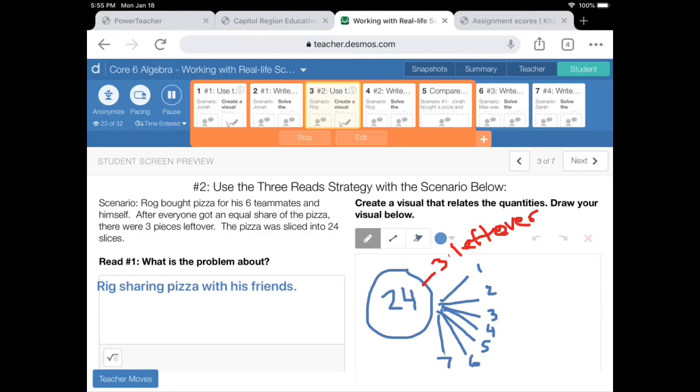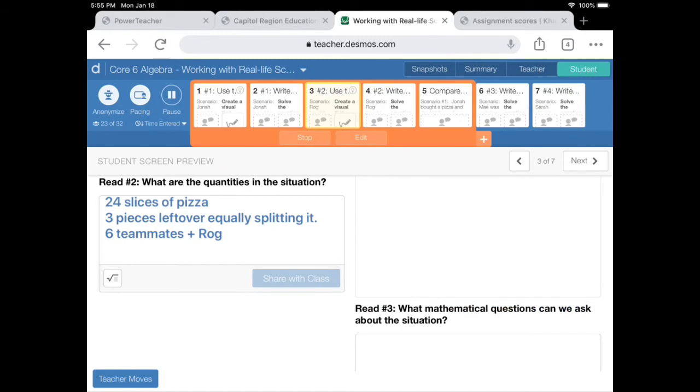Let me see here. So a question we could ask is how many pieces, or slices, actually, because that's the word they're using in this, does each person get? Right?